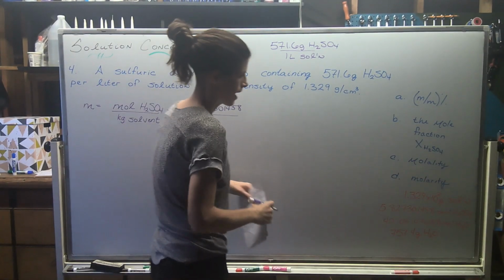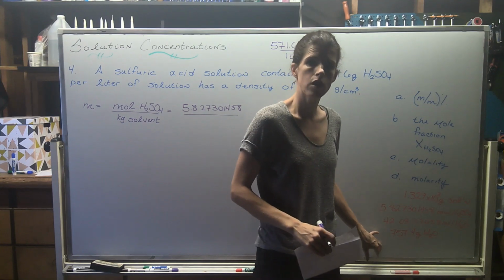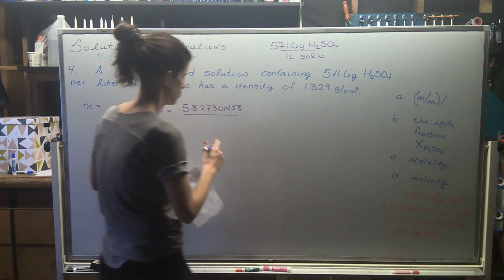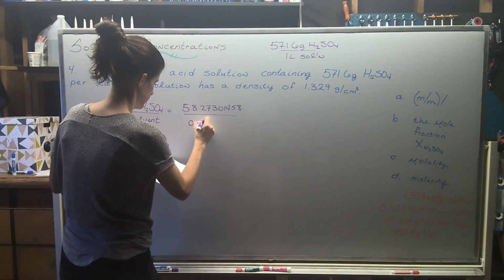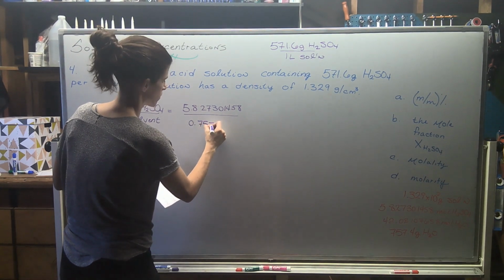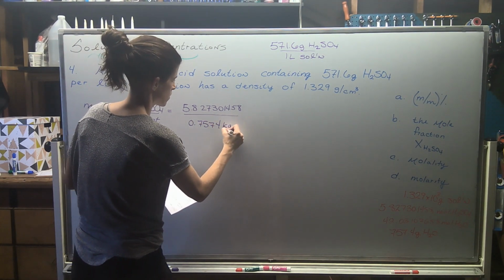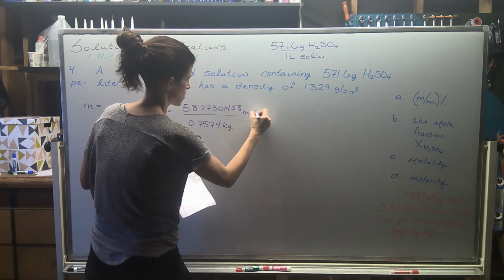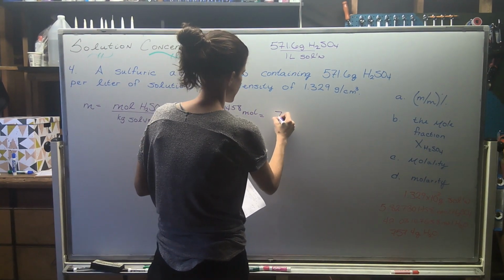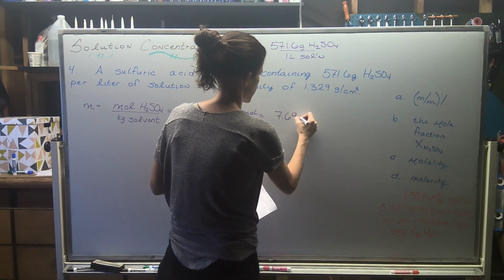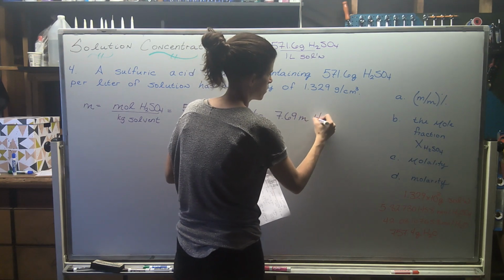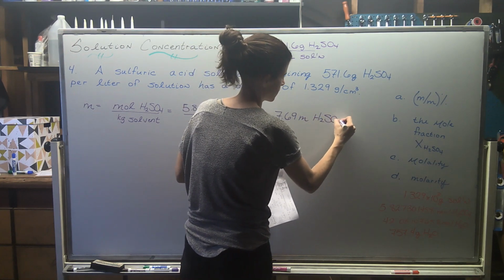And then I have the grams of water. I'm just going to divide that by 1,000. So it's kilograms. And when I did that, I got 7.69 molal sulfuric acid.